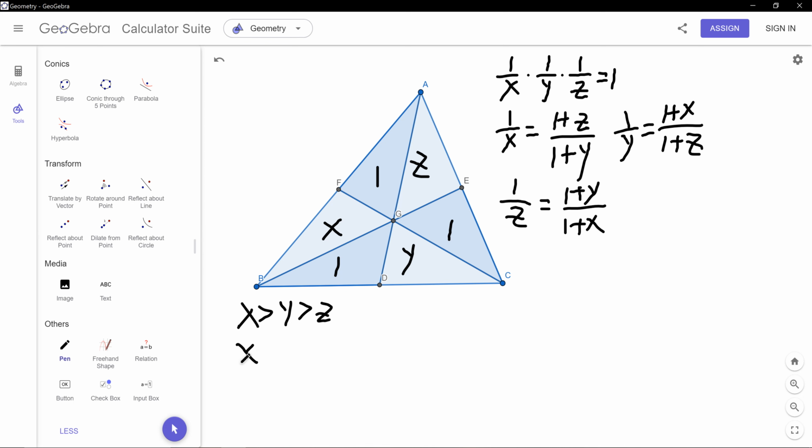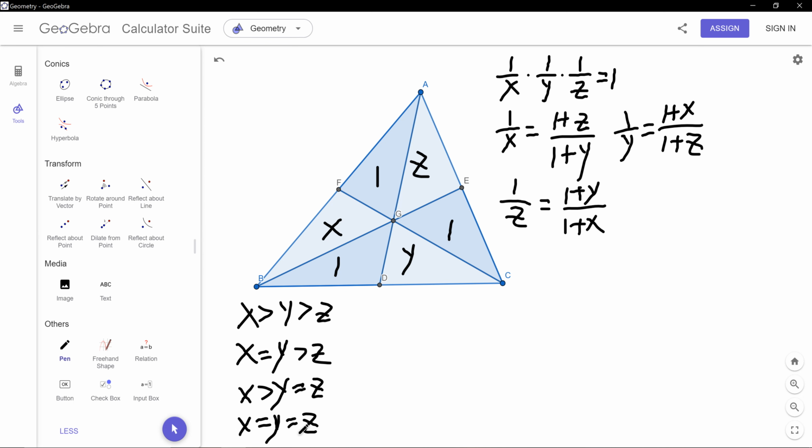The second is x equals y larger than z. The third is x larger than y equals z. And the fourth is x equals y equals z.